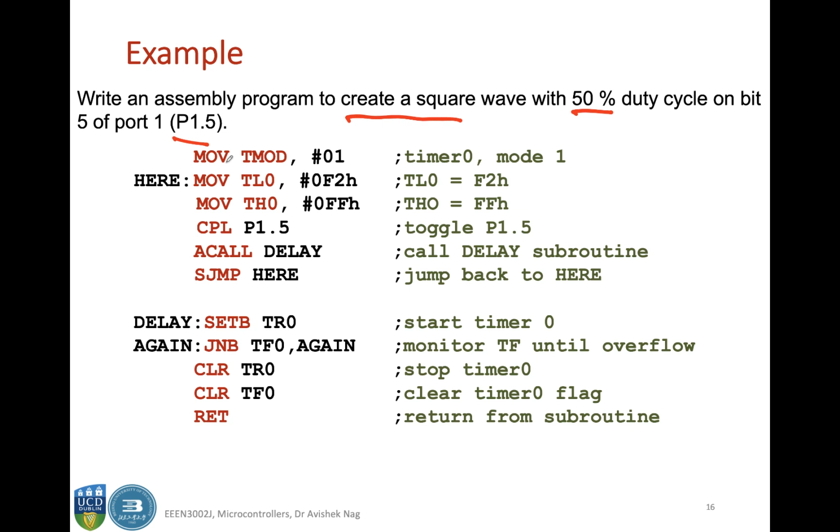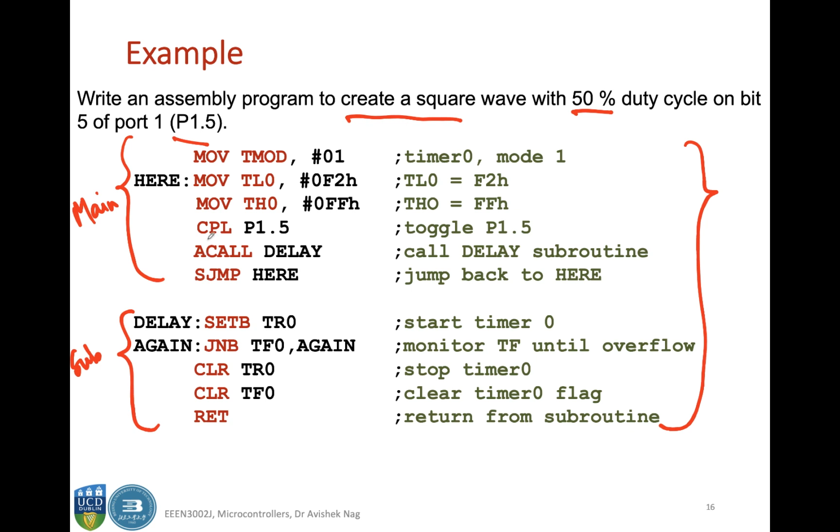Okay, so the code here is given, but let us analyze this code one by one. You can see this code has a main part, and then there is a subroutine here.